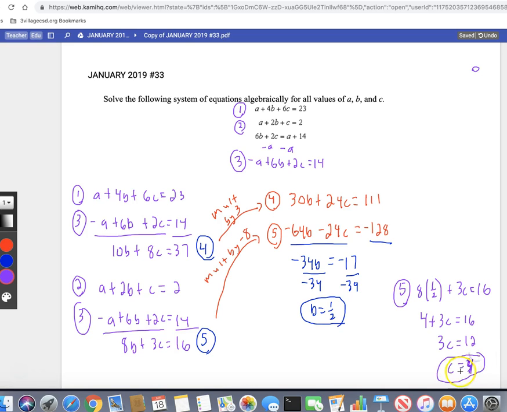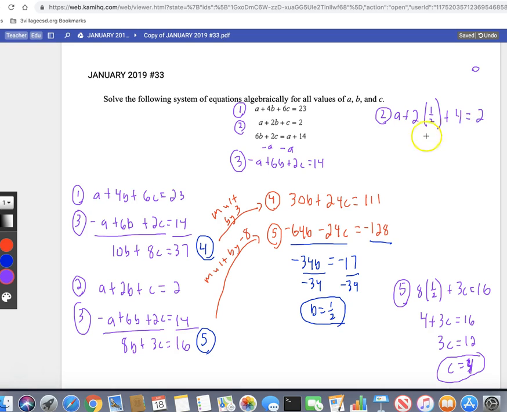So then we would have the value of c, and now knowing the values for both b and c, we can go back to one of the original three equations, and I'd choose equation 2 to help solve for the last variable, a. So we can write a plus 2 times b, which again, b is 1/2, plus c, which we just solved for is 4.